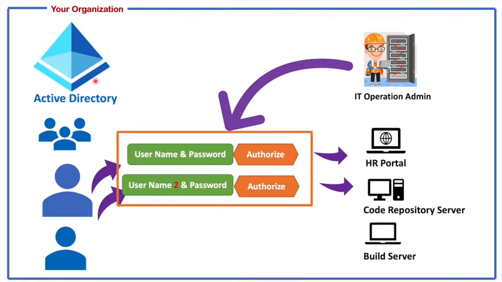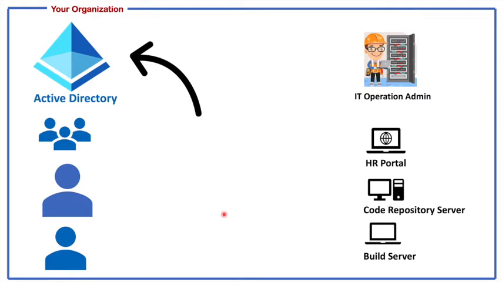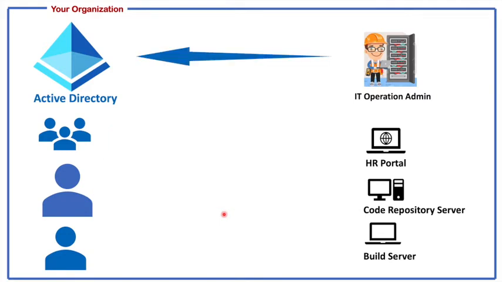If you see, all the usernames, passwords and authorization information, not only for this employee but for all employees, will go to the Active Directory. The admin will create the username and password for all employees in Active Directory, not in their own database. And the benefit is that they will create the username and password only one time.